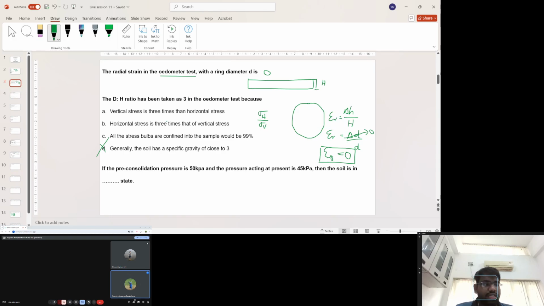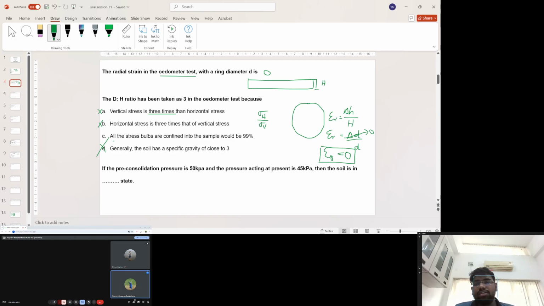Those concepts we will be studying a bit later. So obviously option B is neglected out. Sigma H in ideal cases will not be greater than sigma V. And even though this statement is qualitatively correct, it is not quantitatively correct. So this is also not a right option.